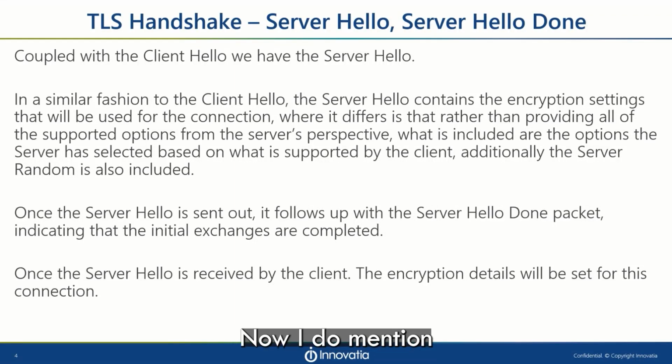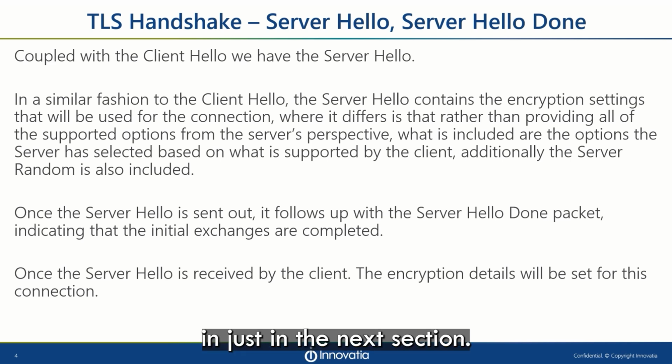Now, I do mention here something called the server hello done packet. This is basically a message that is sent out once the initial exchange of handshake messages is completed. There is one additional packet that will be sent out before the server hello done, and that's the certificate.